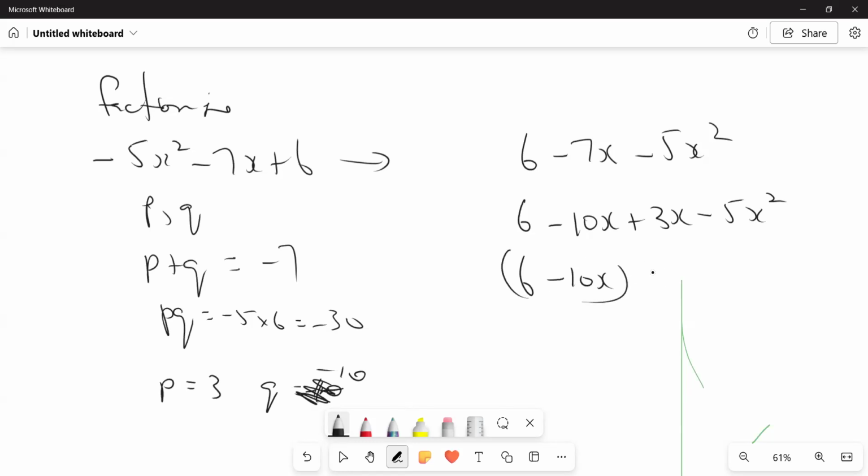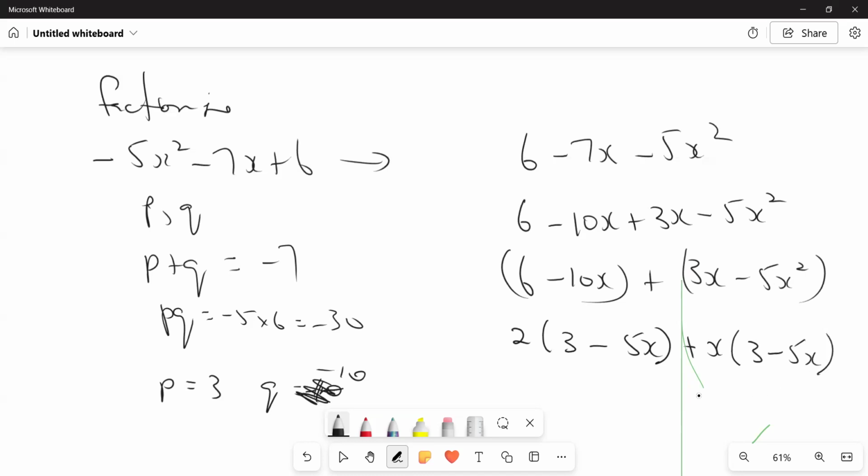Put that in a bracket, plus 3x minus 5x squared. Let me see if I'll avoid that complication like we had just now. So I take out what here? 2. 3 minus 5x, okay, plus, what's common here? x into 3 minus 5x.